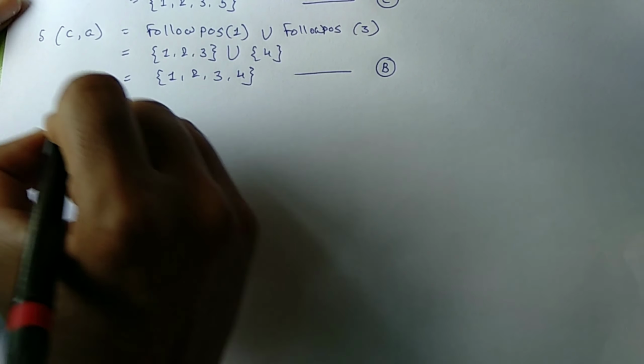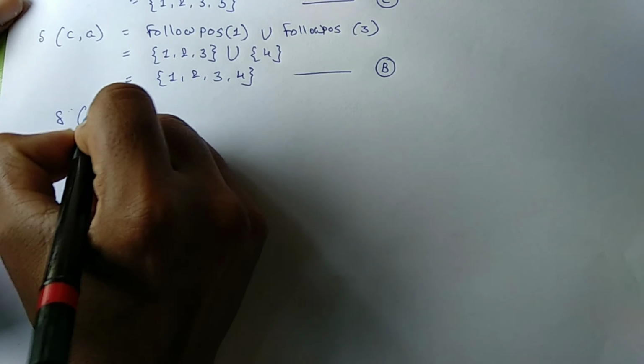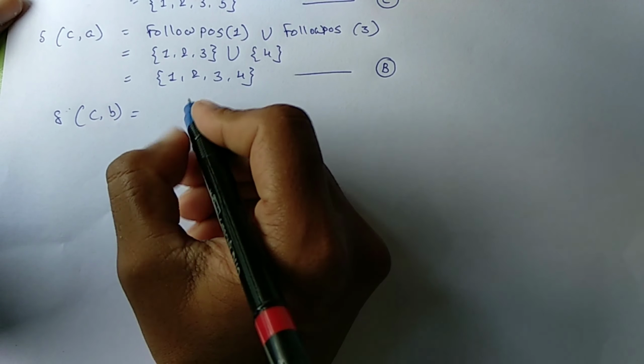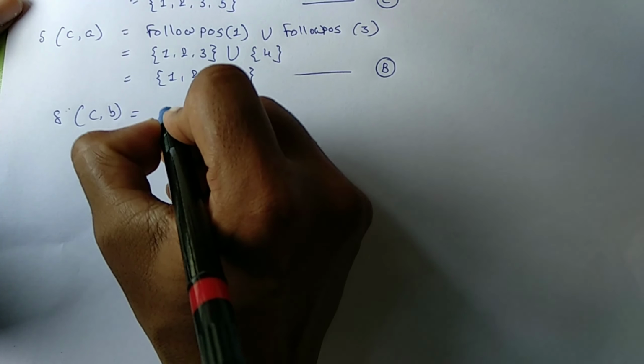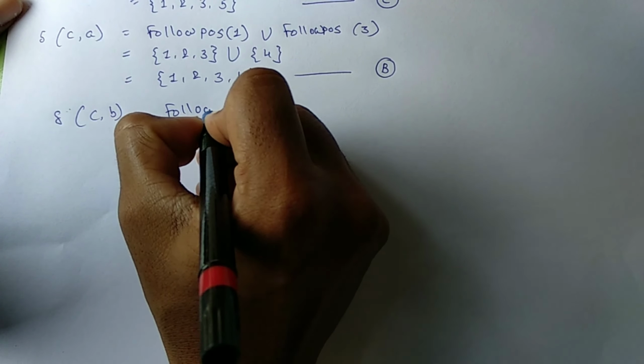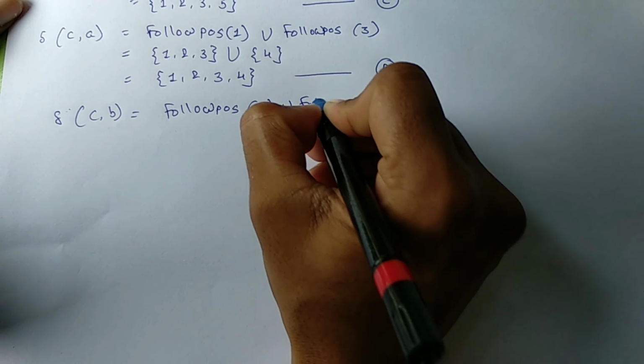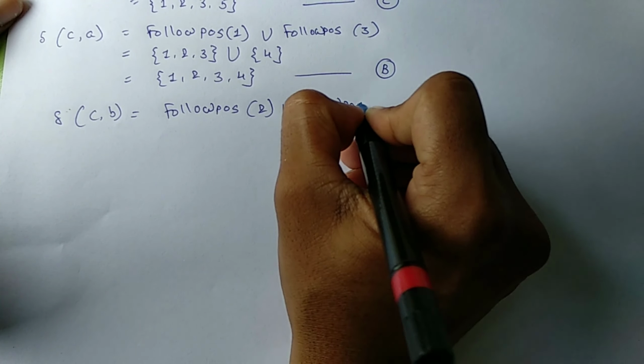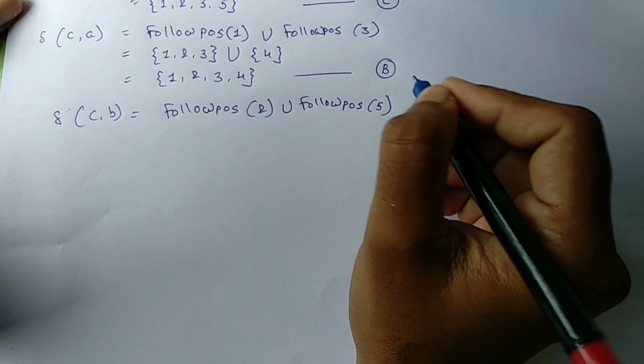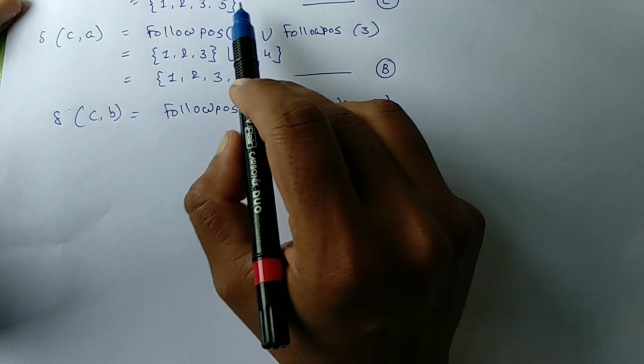Now delta C to B is equal to follow position of 2 union follow position of 5. Your C is 1 2 3 5.